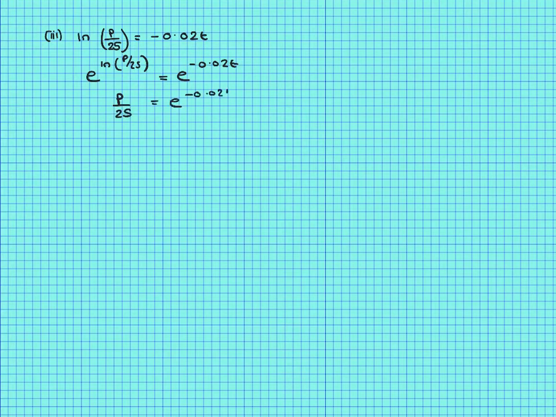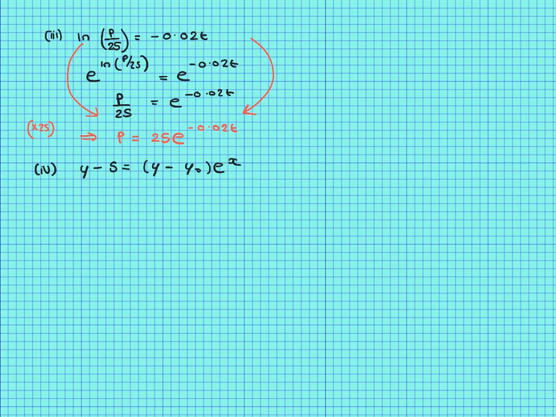Like so. And remember, as I keep saying, you can go straight from this line to this line without having to use the step above. This then allows us to do a final step of rearranging, multiply by 25, and this gives us p equals 25 e to the negative 0.02t, and we are done.